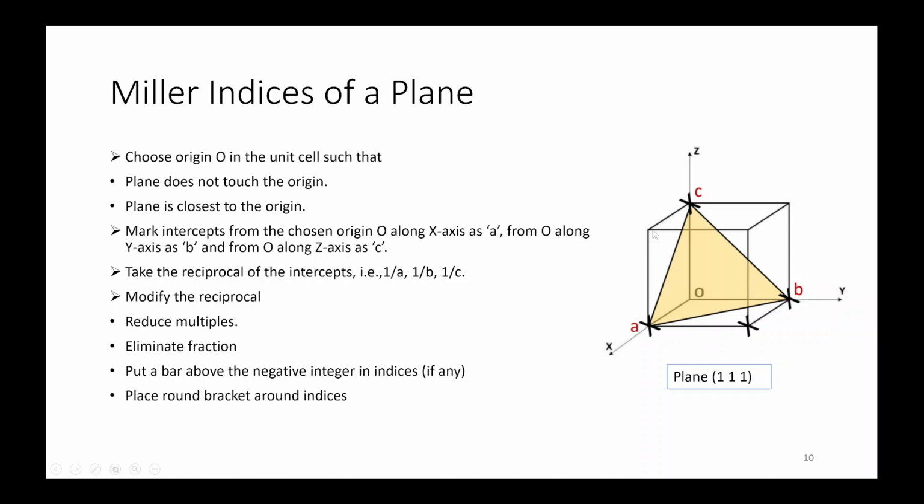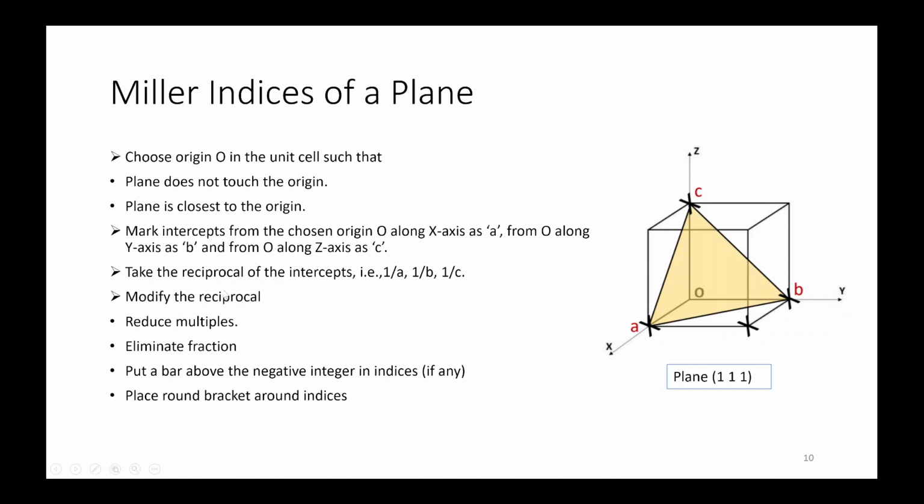For Miller indices for a plane, in this case you find out where your plane will be intersecting these axes. So in this case it is intersecting at 1 for all axes, and then you have to take the reciprocal of these intercepts. The reciprocal of 1 will be 1.